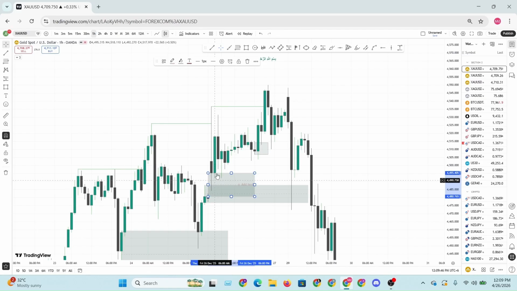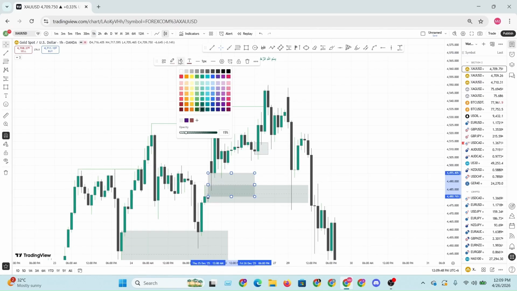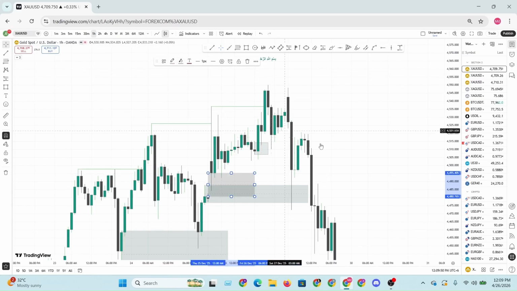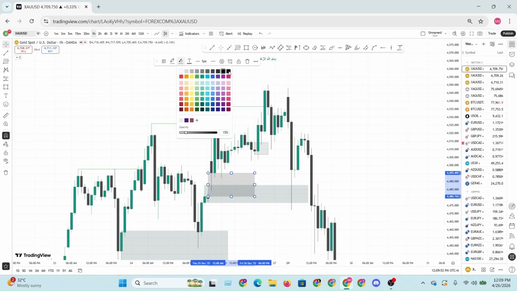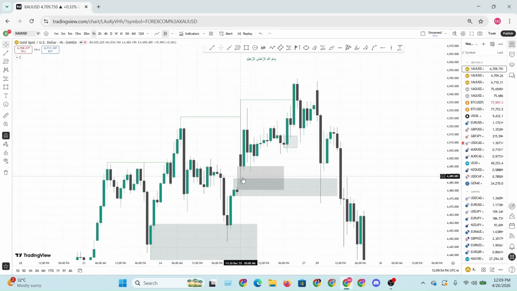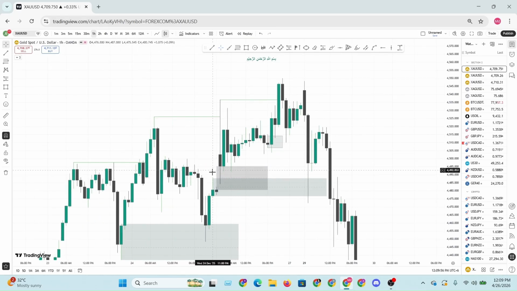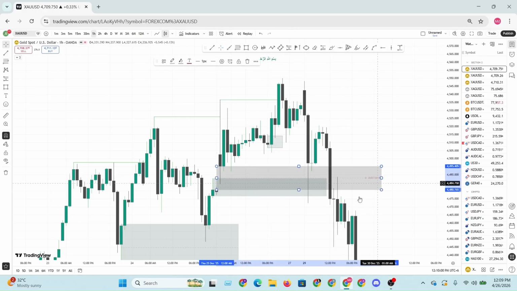This gap is a volume imbalance. There is no volume in this level, no trades in this level. So that's why this is a POI also. This we call a volume imbalance. When there is a volume imbalance, we can kind of take this as an average, but it's not an average.